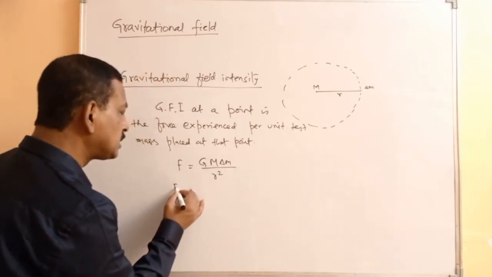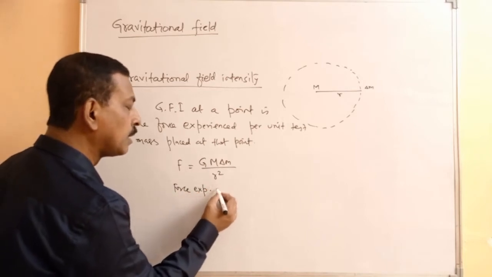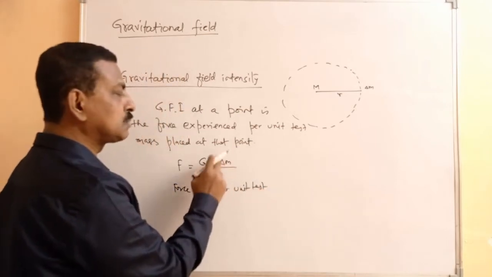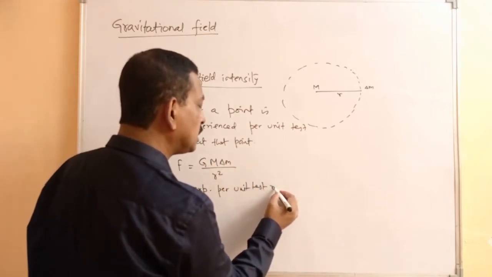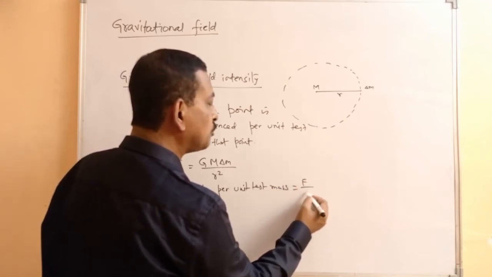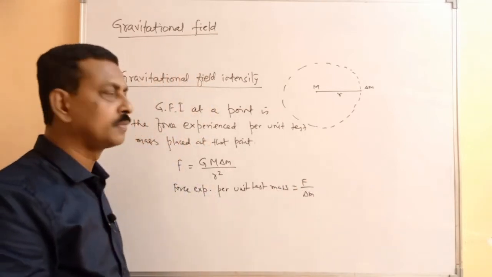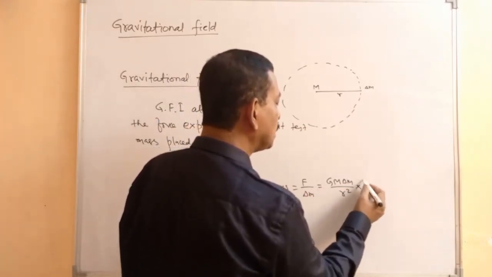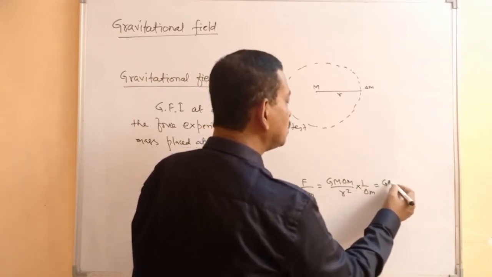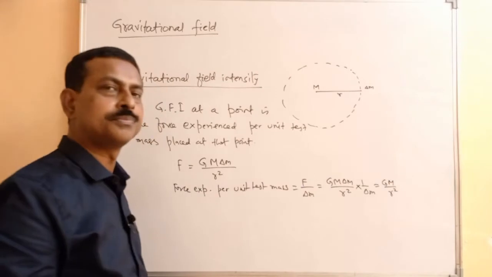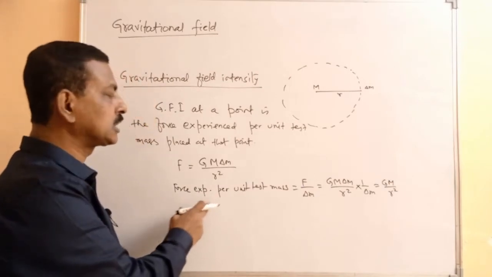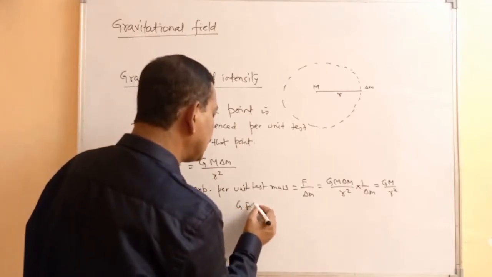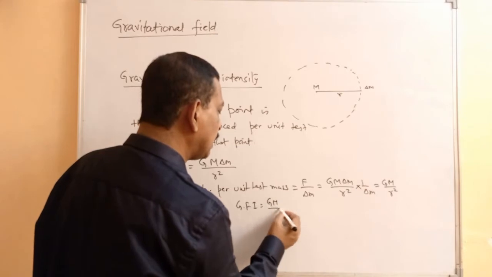So force experienced per unit test mass, because this is the force experienced by the test mass delta m, per unit test mass, that will be F by delta m, and this will be GM delta m by r square into 1 by delta m, that is GM by r square. Now by definition, because we have said that force experienced per unit test mass will be the gravitational field intensity, the gravitational field intensity will be GM by r square.